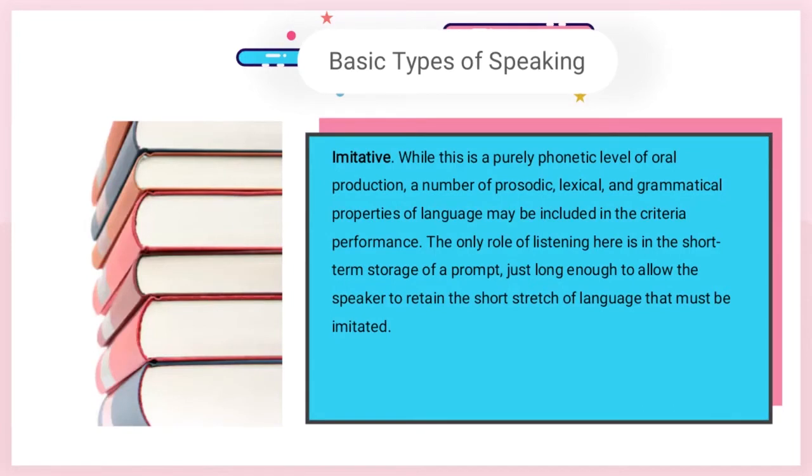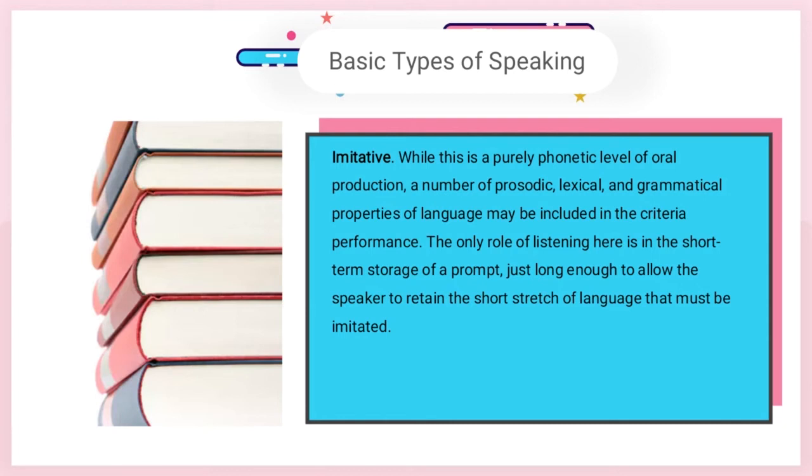So the first is imitative. Imitative is a purely phonetic level of oral production, though a number of prosodic, lexical, and grammatical properties of language may be included in the criteria of performance.